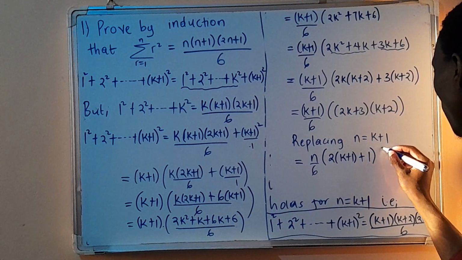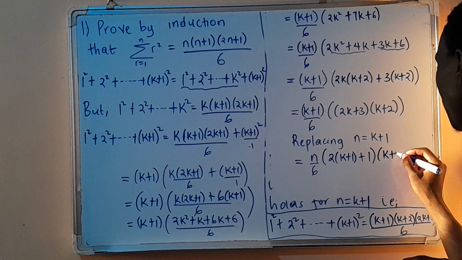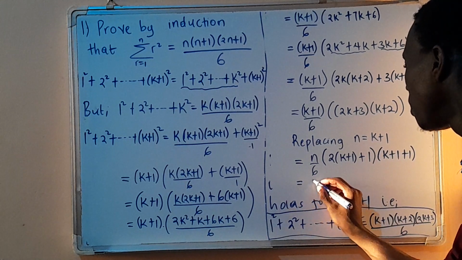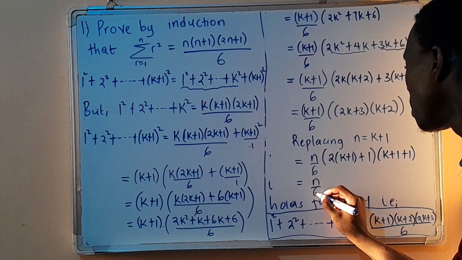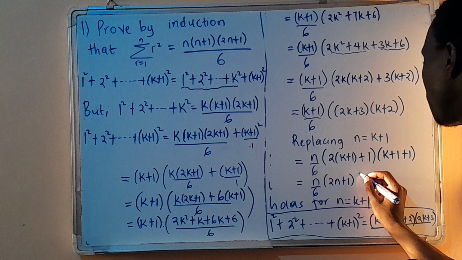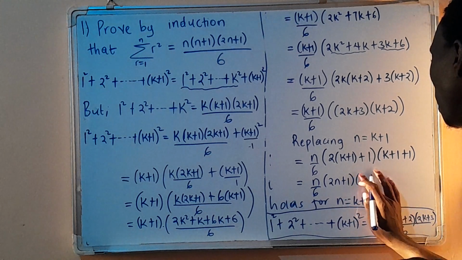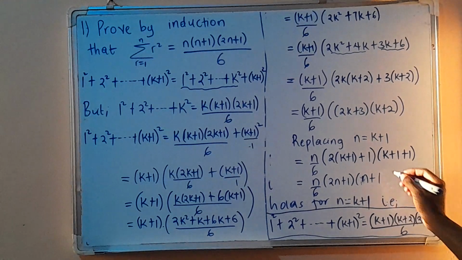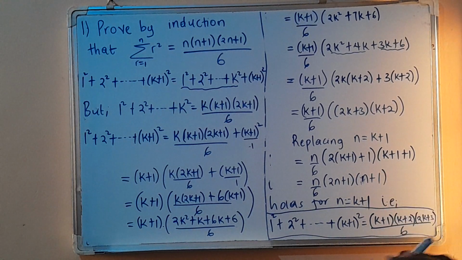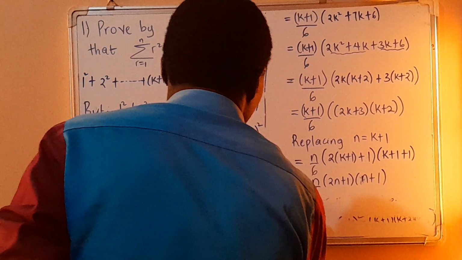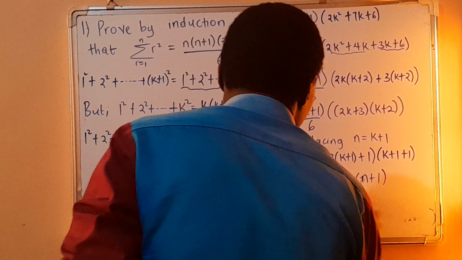And also this last one is the same as k plus 1 plus 1. So we shall have our result n over 6, then 2n plus 1, n plus 1. So I think this was the required result.